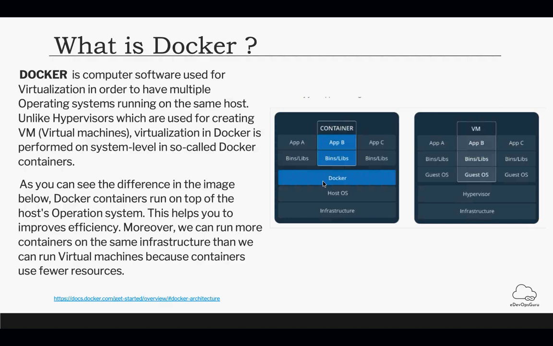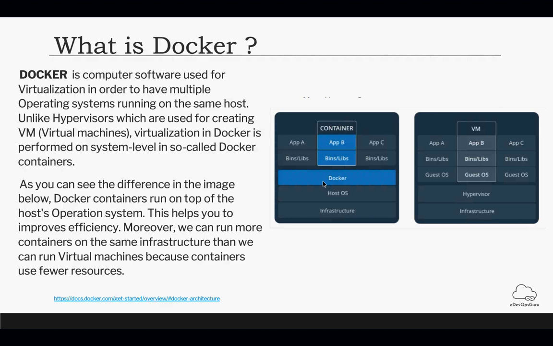Coming back to the definition, Docker is a computer software used for virtualization in order to have multiple operating systems running on the same host. Unlike a hypervisor, which was used for creating virtual machines, virtualization in Docker is performed at the system level, in so-called Docker containers. If you see the difference, in this approach the efficiency is increased.